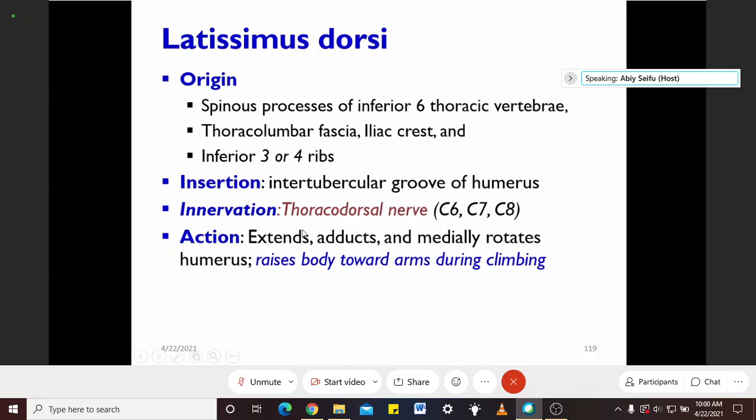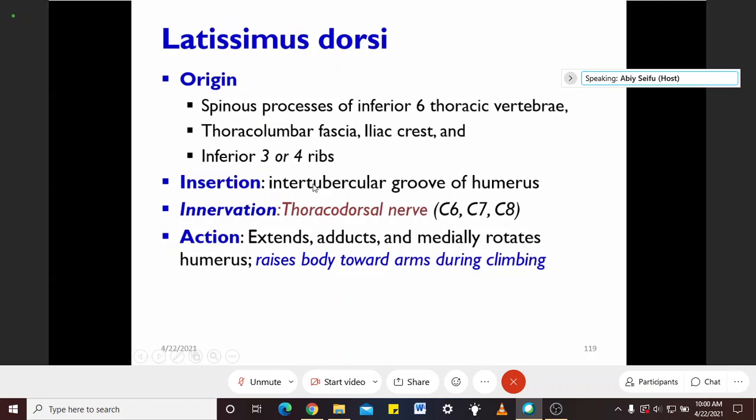Therefore, this nerve arises from the anterior rami of spinal nerves through the brachial plexus, which gives the thoracodorsal nerve. It arises from cervical nerves C6, C7, and C8.